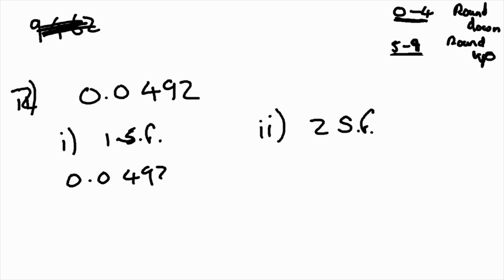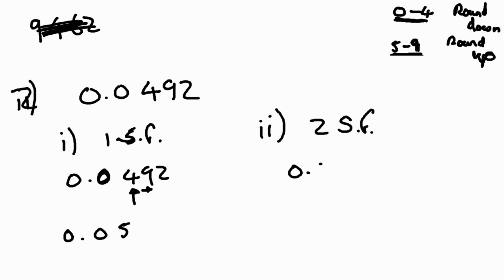Now, in this question, our first significant figure is the 4, because this 0 here does not have any value. So the 4 is our first significant figure. Like we do with any other rounding, we look to the right, and the 9 makes the 4 round up to a 5.